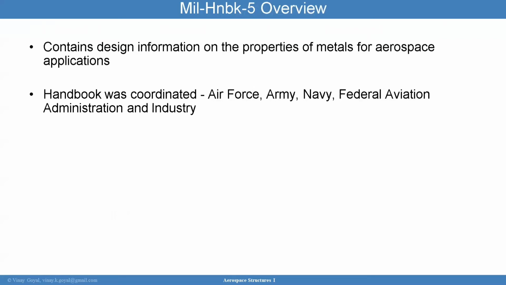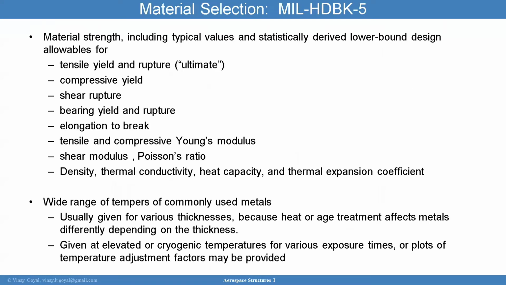The Mil Handbook 5, which I invite you to download, contains design information on the properties of metals for aerospace application. The handbook was first coordinated with the Air Force, Army, Navy, and Federal Aviation and Industry. It contains material strength, including typical values and statistically derived lower bound design allowables for tensile yield and rupture, compressive yield, shear rupture, bearing yield and rupture, elongation to break, tensile and compressive Young's modulus, shear modulus, Poisson ratio, density, thermal conductivity, heat capacity, and thermal expansion coefficient.